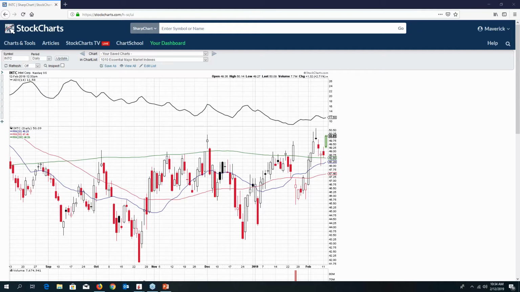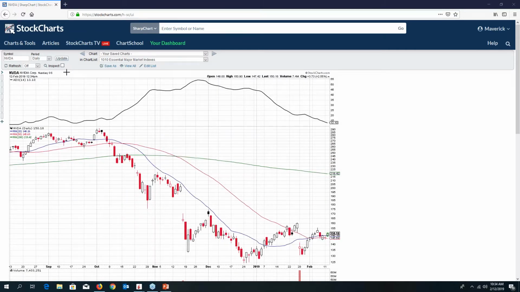Now, in comparison, there are definitely things that are in the same space. I mean, think about something like an NVIDIA. That's also a chip stock. That's a semiconductor. So let me click over to that. And if we look at NVIDIA, it's a semiconductor just like Intel.